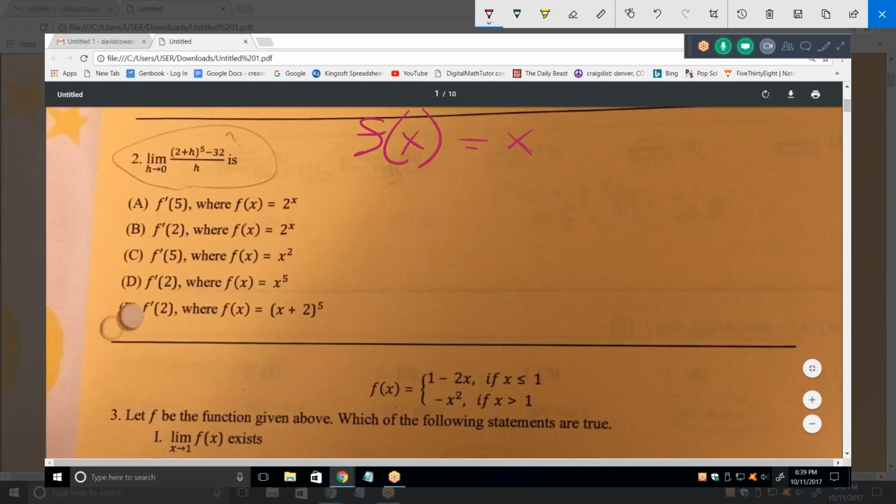Just x to the 5th power. Now, how is it just an x to the 5th power? Well, first of all, because x is going to be 2, right? In other words, see that 2 and see that 32? Well, 32 is 2 to the 5th.